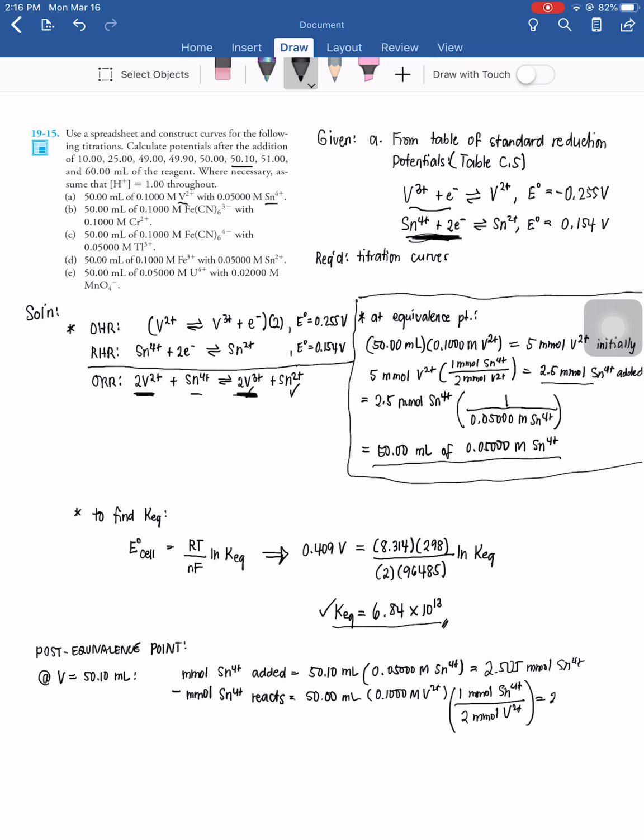So plugging it into my calculator, I get 2.5 millimoles of tin 4. Now get the difference. We can now compute the moles of tin 4 that is left post-equivalence. That's 2.505 millimoles minus 2.5 millimoles equals 0.005 millimoles.